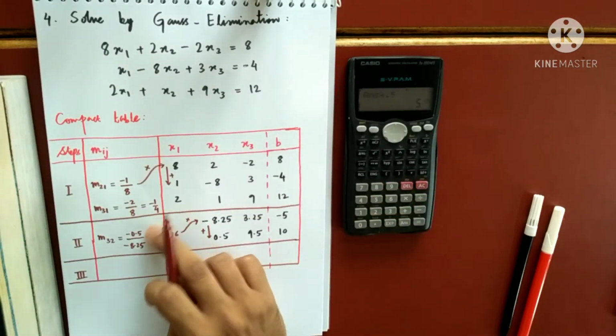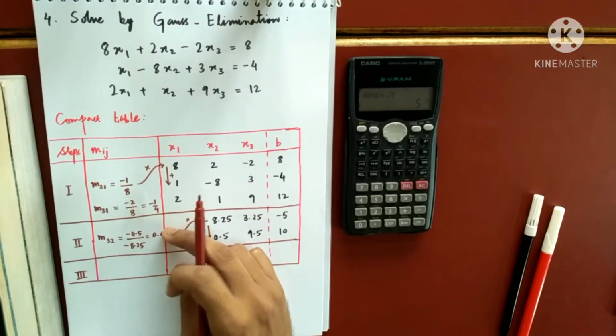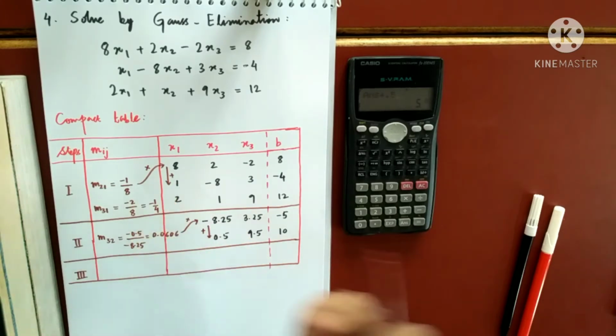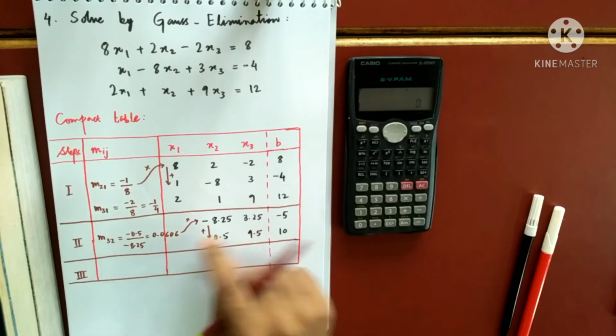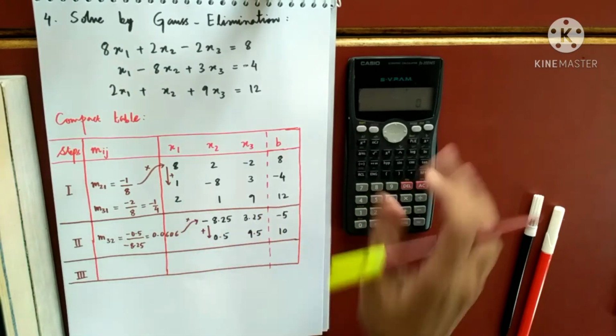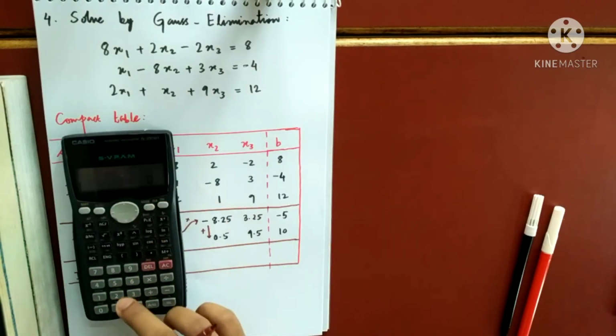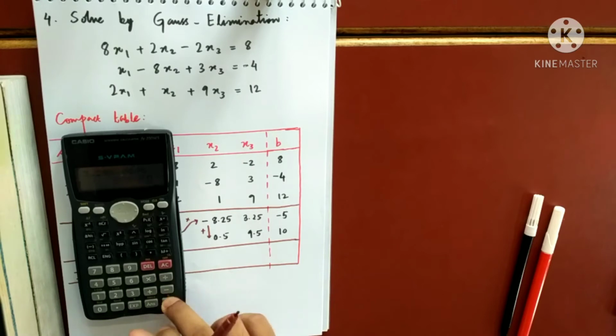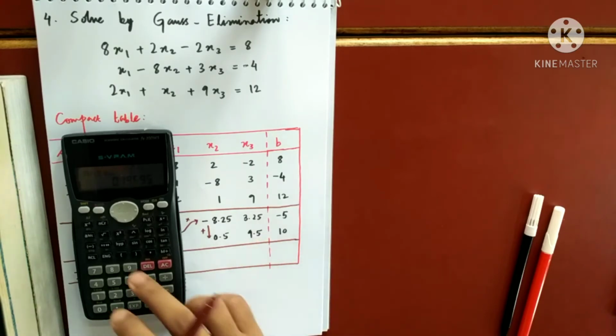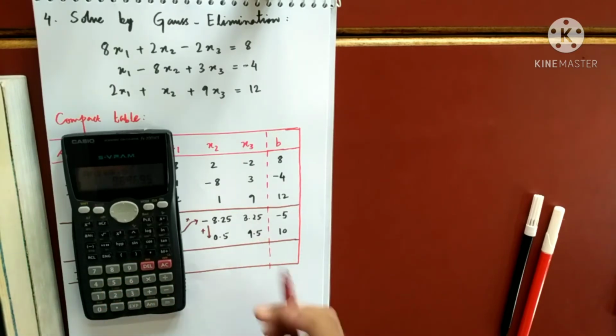Because I've actually rounded off this, which I was not supposed to do. You could have taken this in fraction also. So this will definitely get eliminated, 0. Now multiply this to this plus this. So 3.25 into 0.0606 added to 9.5. What am I getting?